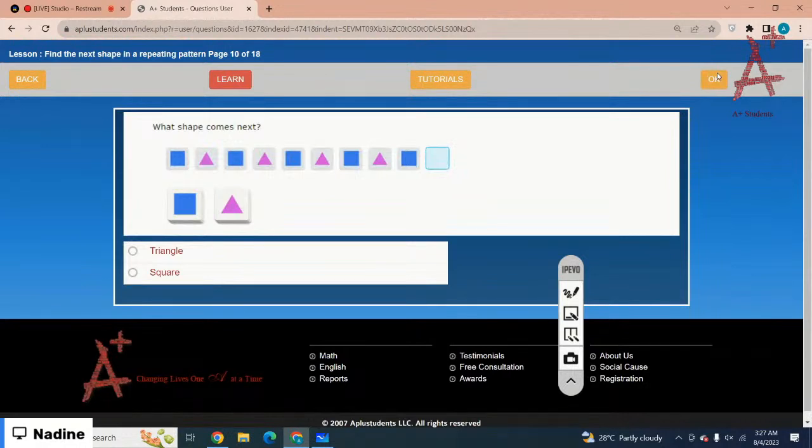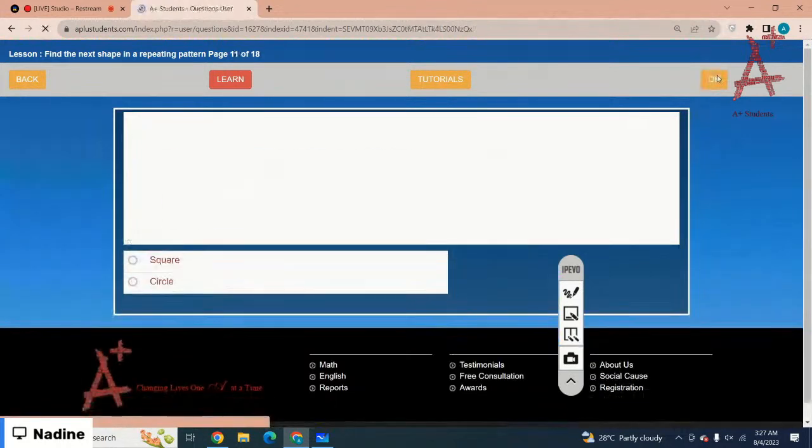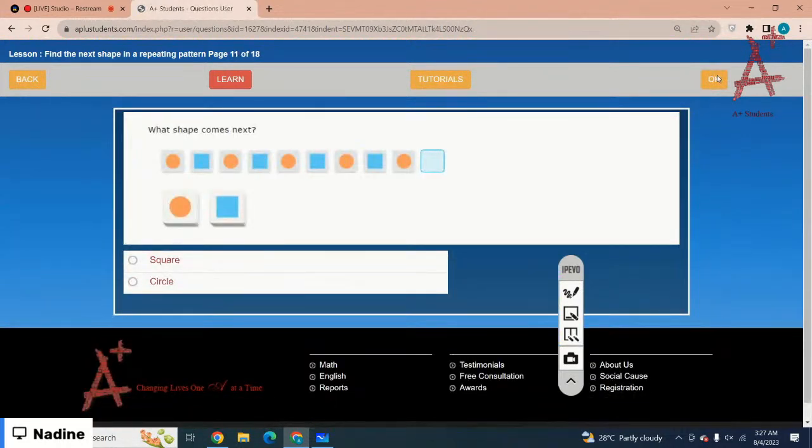Okay, what shape comes next? Which is the correct option? The correct option is triangle. Right next to square, you must have a triangle. What shape comes next? Yes, the next one would be a square.